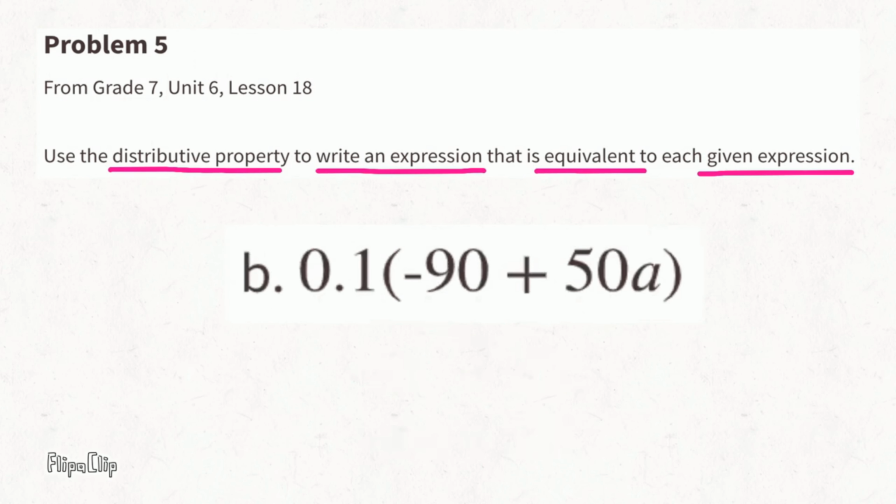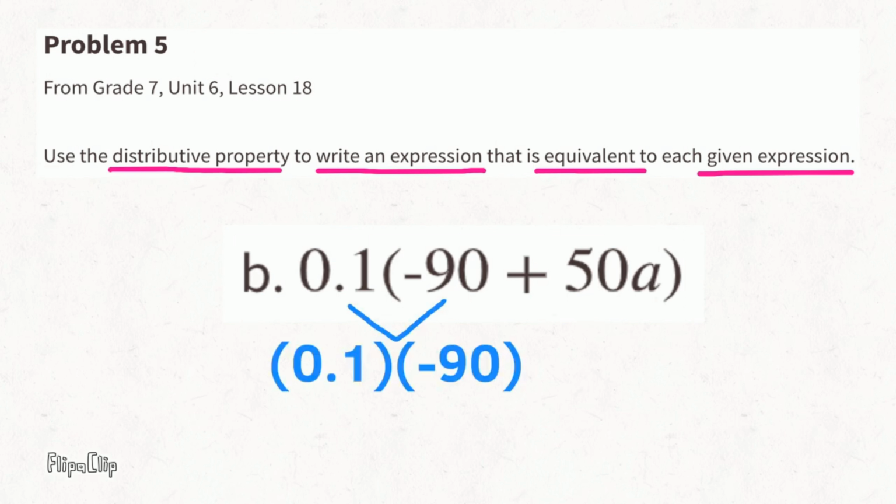B. 1/10 times negative 90 plus 50a. Again, when we're using the distributive property, we're going to multiply the outside term by both the terms on the inside of the parentheses. 1/10 times negative 90, so that's going to be 10 times smaller than negative 90.